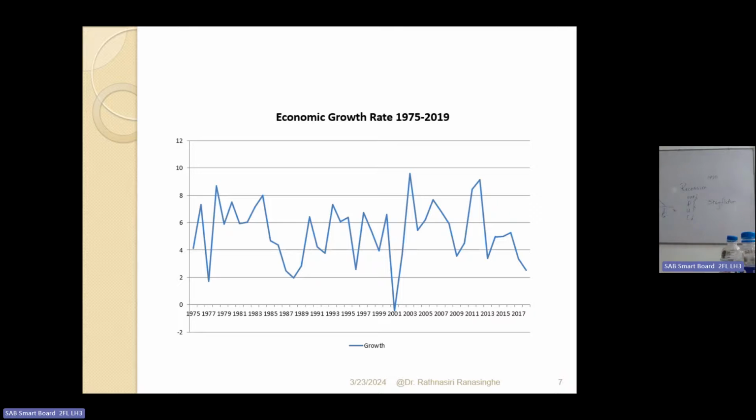When it comes to the 1980s, what happened? In 88, 89 we had a somewhat lower growth rate. What is the reason? Because of the political unrest.